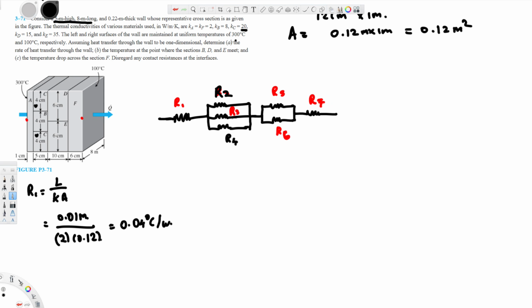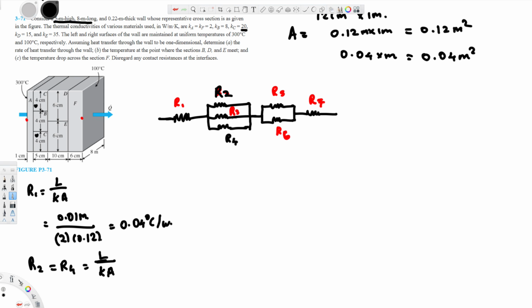So the value is going to be the same, because the equation we are going to use, R2 equal to R4, is L over KA. L, the thickness, is the same for both, K is the same for both, and the area is also the same for both of them, 4 centimeter height, so we are going to use that area. So here, instead of 12 centimeter height, we use 0.04 times 1 meter. That's going to give us 0.04 meter squared. So this is the area we are going to use for these two.